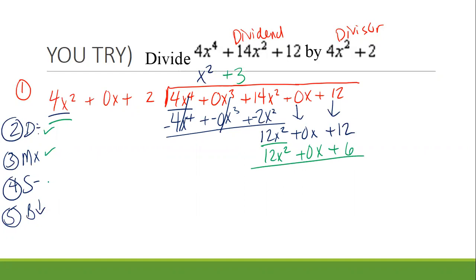Then I subtract. So subtraction means I change the signs. My quadratic term is gone. My linear term is gone. And I'm left with my constant of 6. I don't need to bring down and repeat because the degree of my remainder is smaller than the degree of my divisor. So I'm done, and it has a remainder of 6.